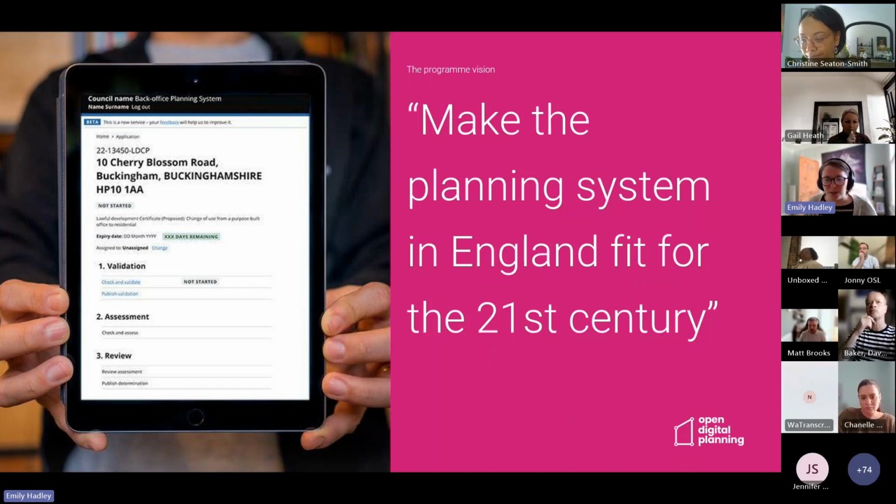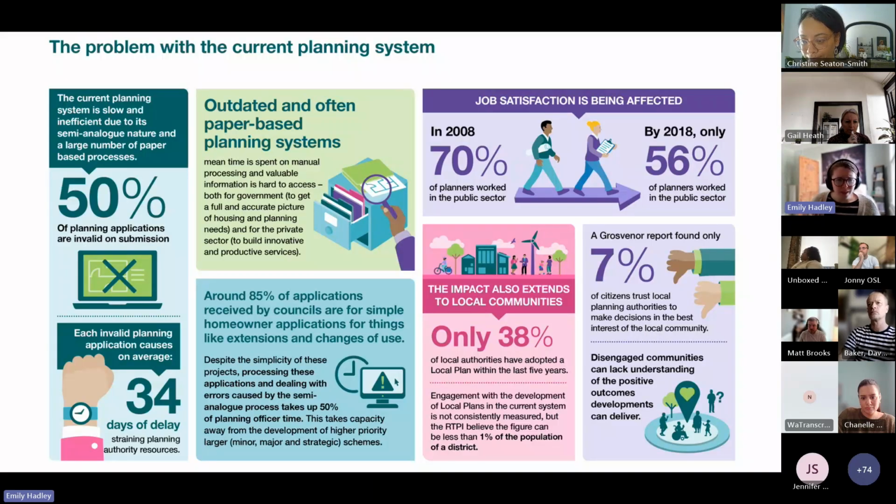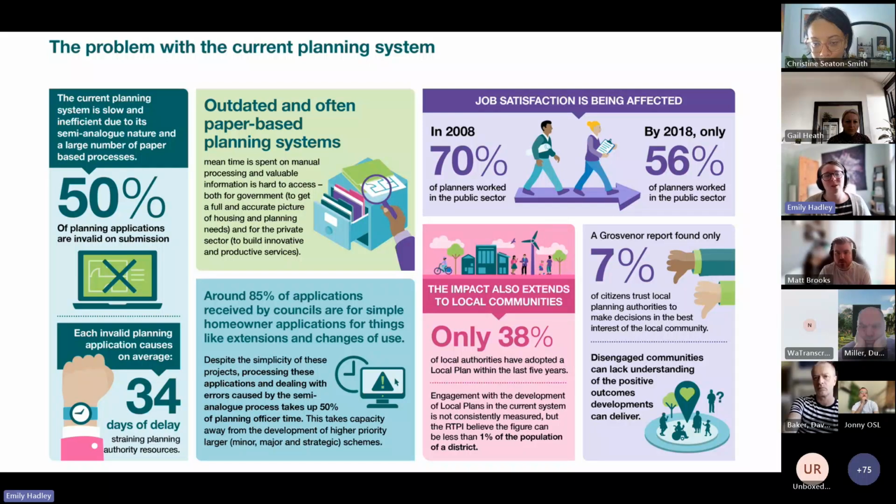One of many work streams going on in the programme, of course. Some people have seen these slides before. These slides also definitely need a bit of a refresh. Things have moved on quite a lot in the last few years thanks to fantastic innovation going on in the sector. But just to call out some of the main problems: the planning system is very paper-based, relies a lot on manual processes, and that cascades from the top policy and legislative level all the way down to planning officers and residents who want to complete simple planning projects.